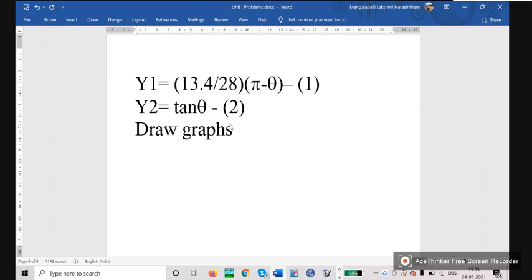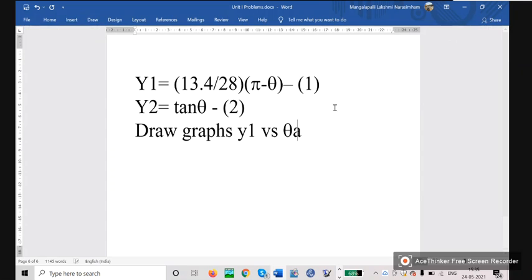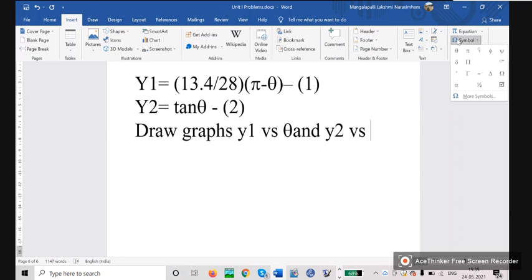So draw graphs of y1 versus theta and y2 versus theta. So I have to draw two graphs.